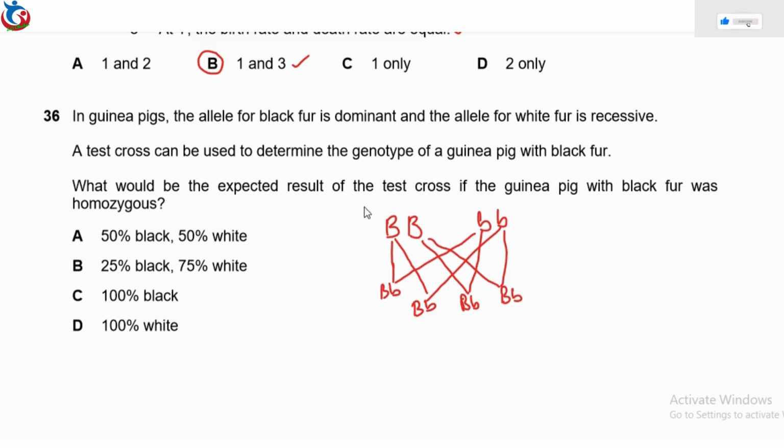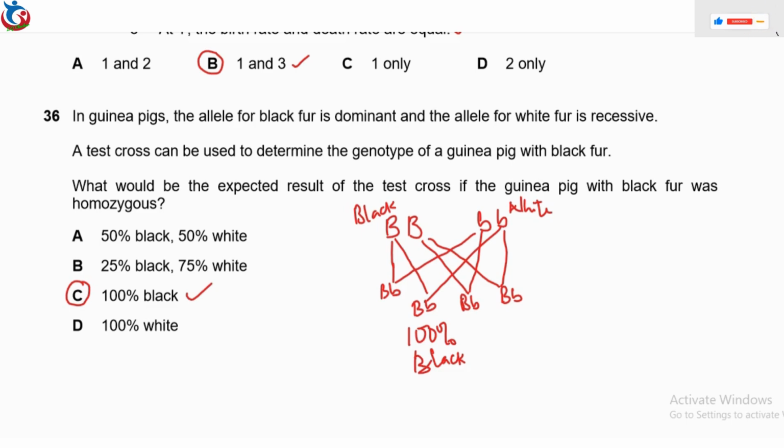So when you have homozygous black and you have a recessive white, definitely the offsprings you have will be 100% black, because the black will continue to express itself even in the presence of the recessive trait. So this makes our option C the correct answer to this question.